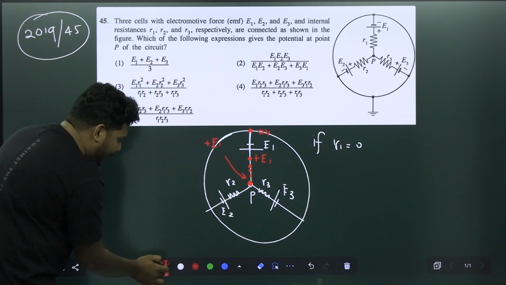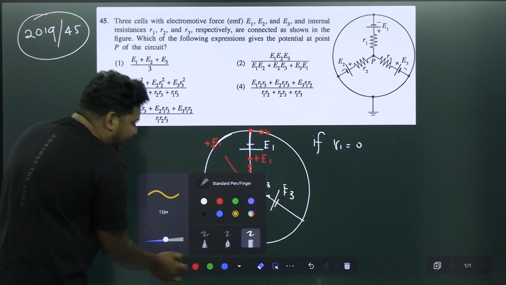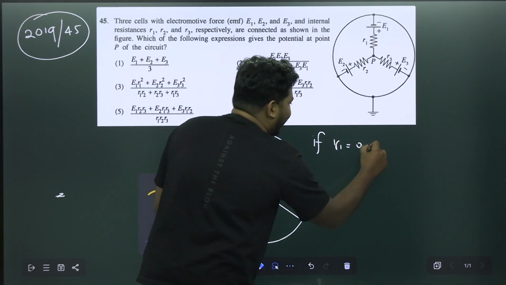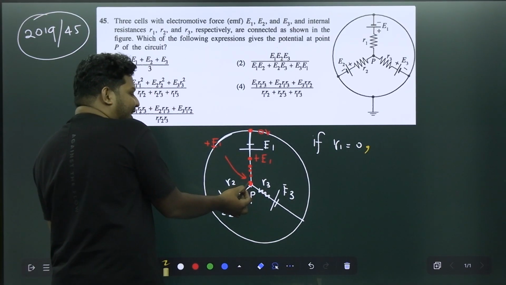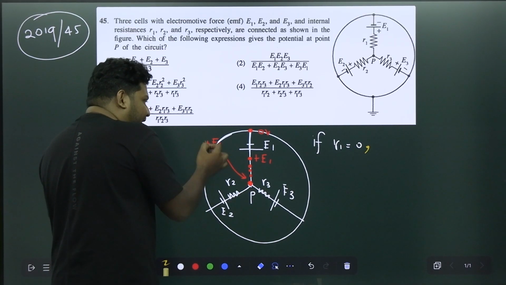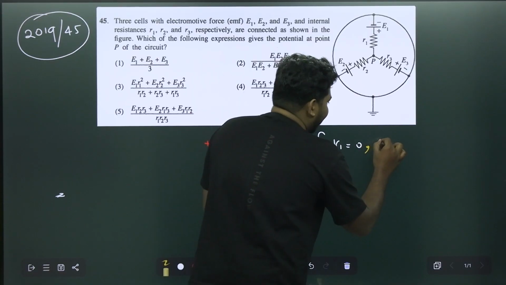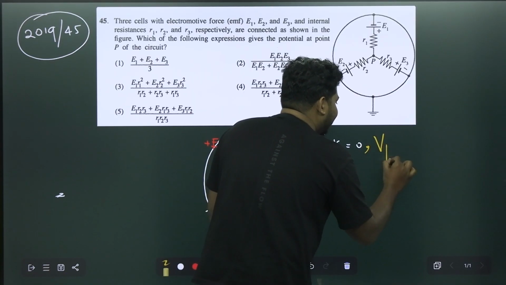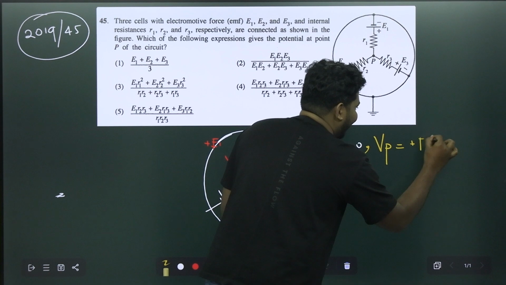So if R1 is equal to 0, what is the voltage here, guys? The voltage VP is plus E1. So VP is equal to plus E1.